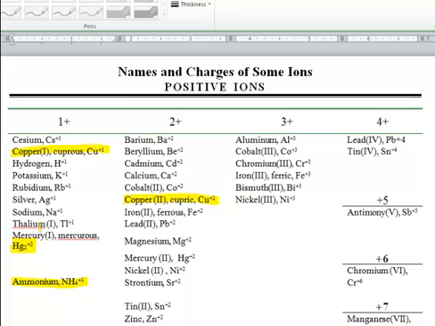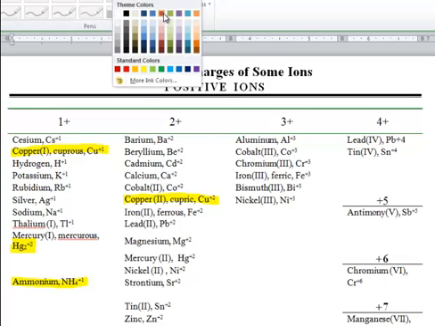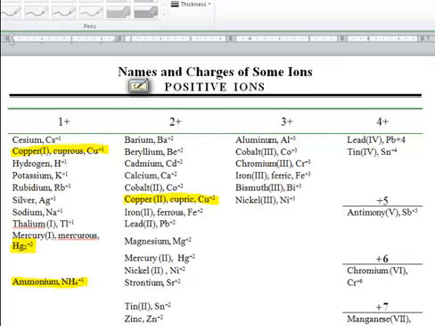How could you tell them apart? You use the number in parentheses to tell the charge on those metal ions. So in this case, it's copper 1, and that will be copper 2. You can see a lot of those transition metals are right in the middle block. The transition metals have multiple charges.